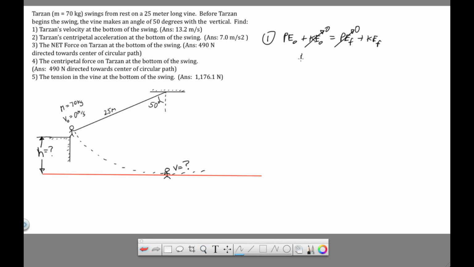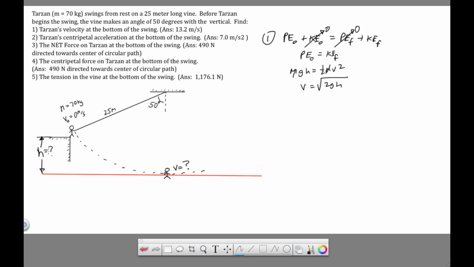So we're left with potential energy initial equals kinetic final, which is mgh equals 1/2 mv squared. The m's cancel out, and we get v equals square root of 2gh.